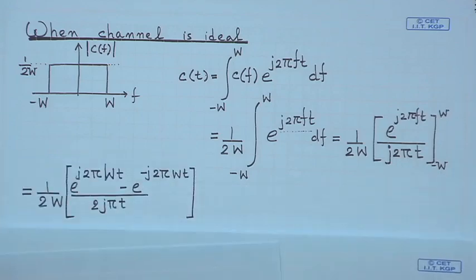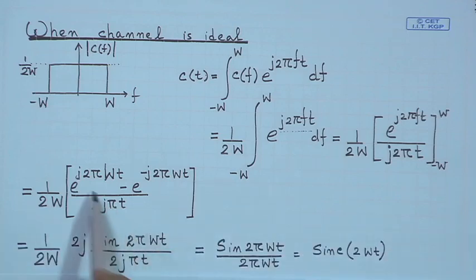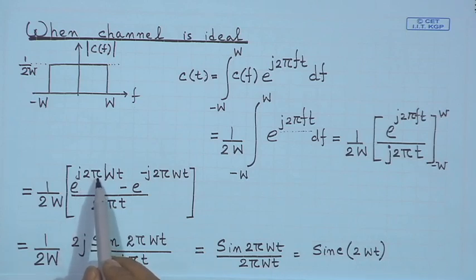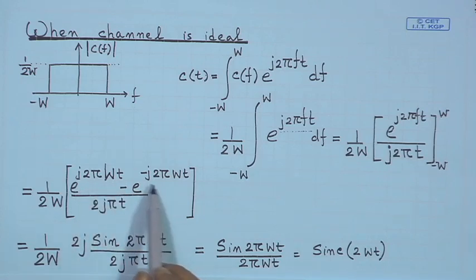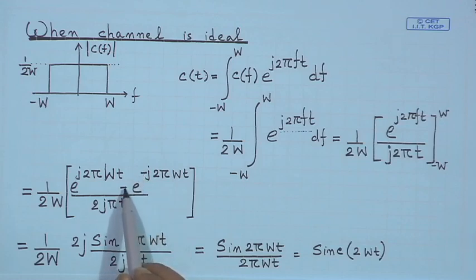This is the immediate next step, and hence if you work this out, it turns out to be sin 2 pi W t. This is straightforward, because there is a cos plus j sin, and a cos minus j sin, so minus sin and minus becomes a plus, and cos with a minus of cos cancels out. So, you are left with this term, and if you proceed further, you will be left with sin 2 pi W t upon 2 pi W t, which can be represented as a sinc.